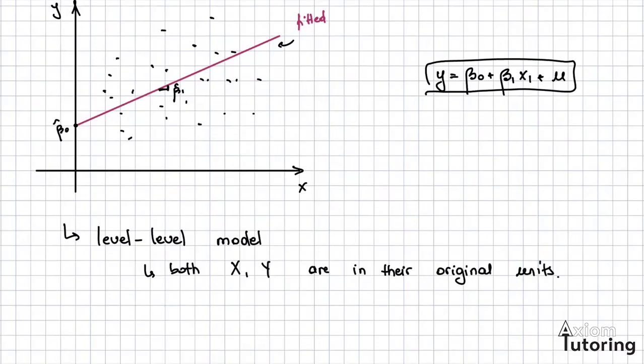And what could be these original units? Well, they can be anything. They can be hours, they can be kilometers, they can be centimeters, they can be liters, they can be thousands of dollars, they can be pounds per hour, and so on. So this is the unit that you have taken when you collected the data.